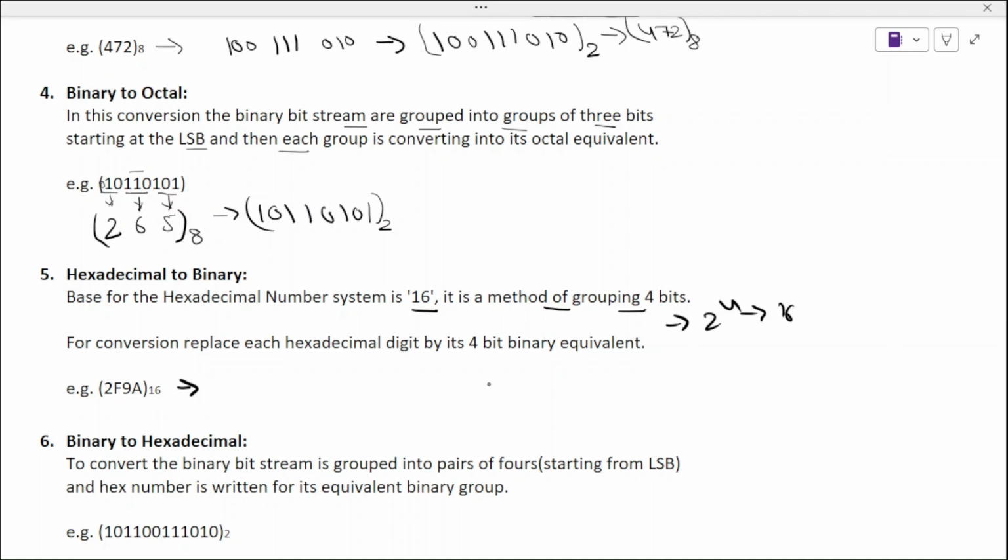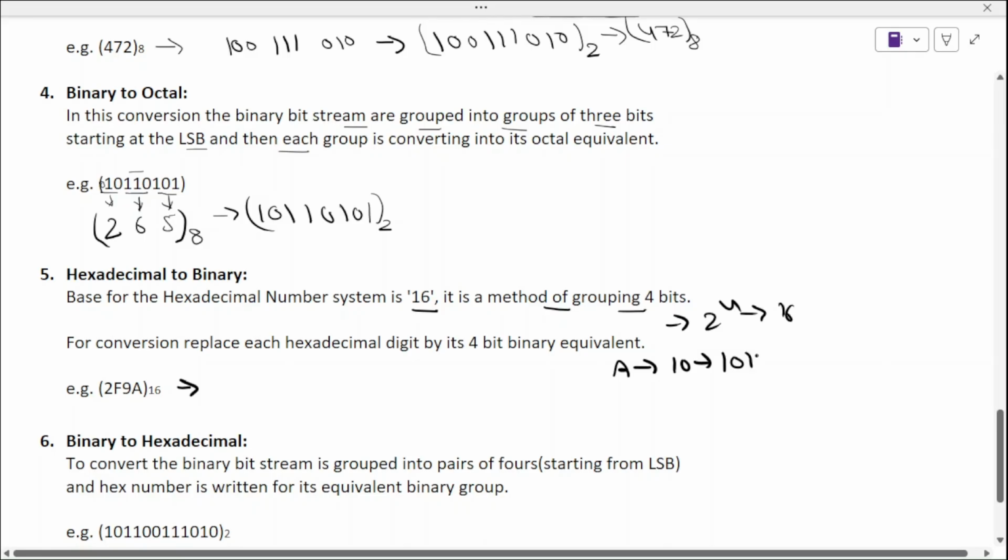Take 2F9A. What is A? A is equivalent to 10, and 10 in binary is 1010. 9 is 1001.